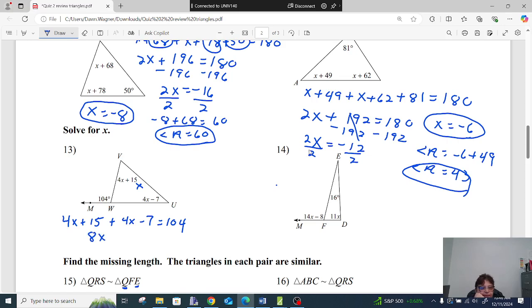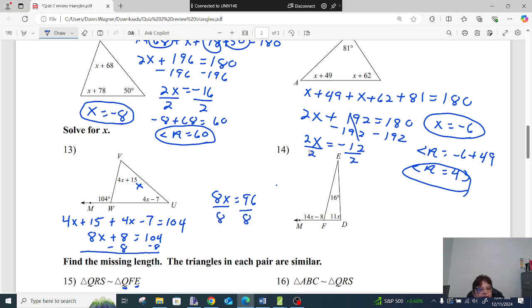A positive 15 minus 7 is a plus 8 is equal to 104. I'm going to subtract 8 on both sides. 8x equals what? 96, and then divide by 8.